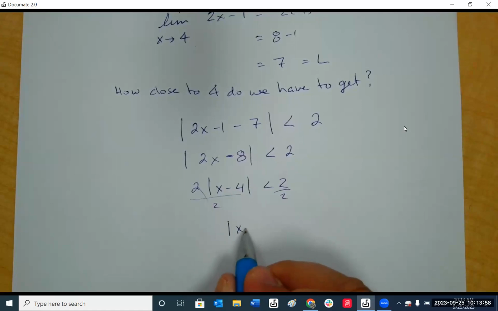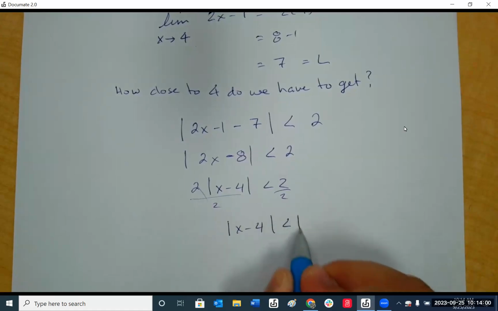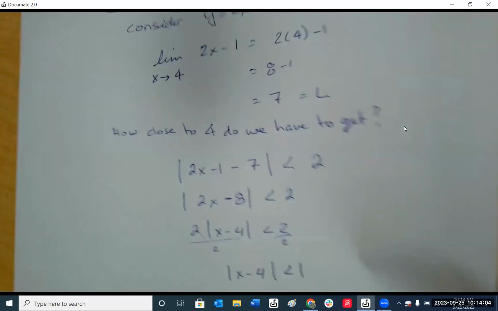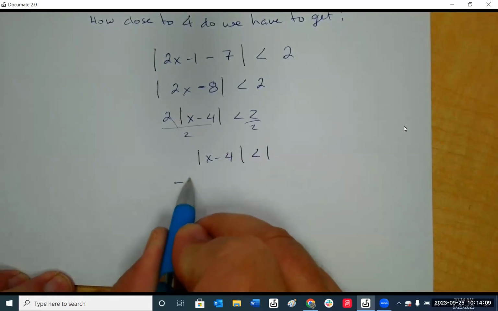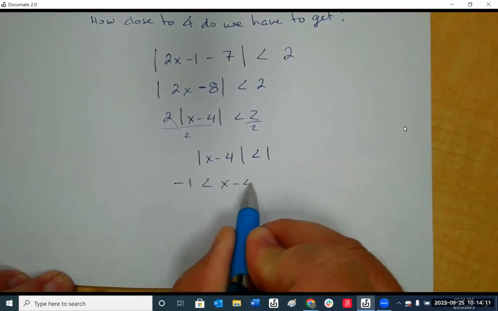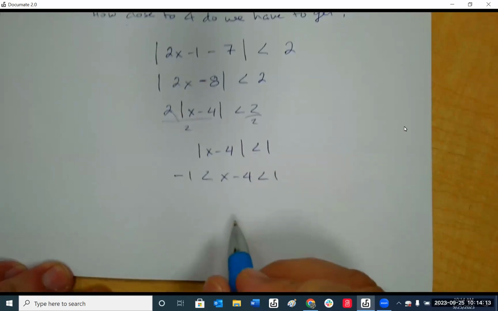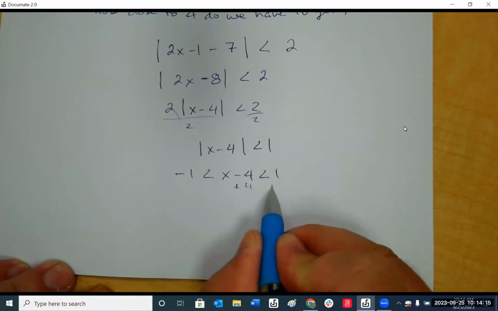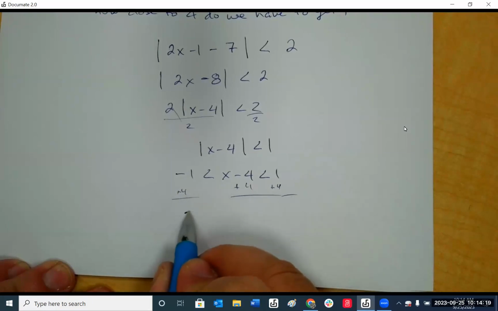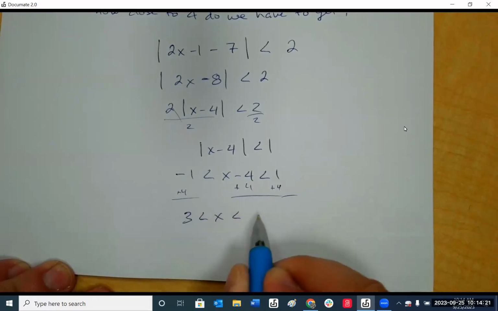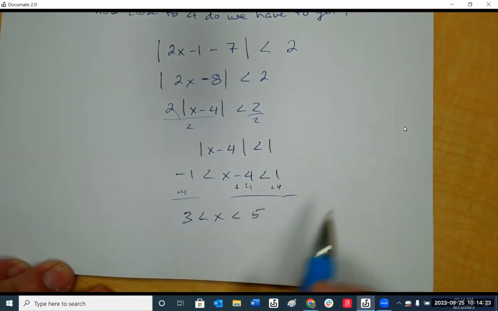So we have the absolute value of x minus 4 is less than 1. We drop the absolute value signs. We get negative 1 is less than x minus 4 is less than 1. Solving for x, we get 3 is less than x is less than 5.